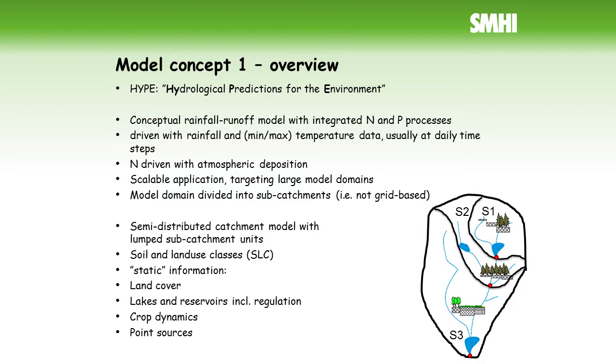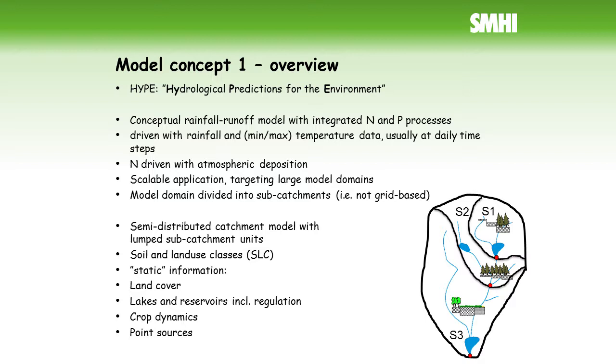It's a conceptually based rainfall runoff model, and it has nitrogen and phosphorus processes. It's mainly driven by rainfall and temperature data, usually at a daily time step. There are also options to use a shorter time step, and in Sweden we use a 1 hour time step also.